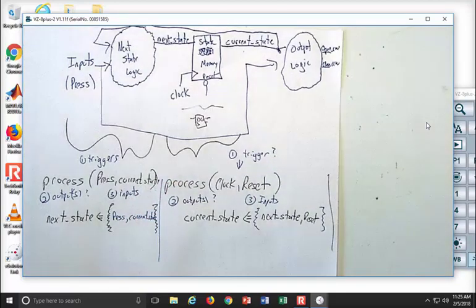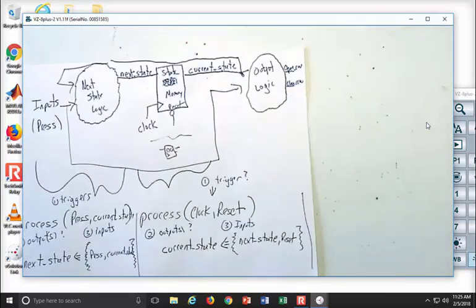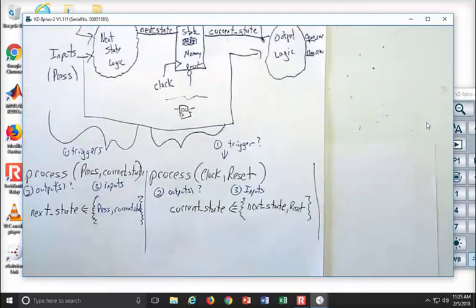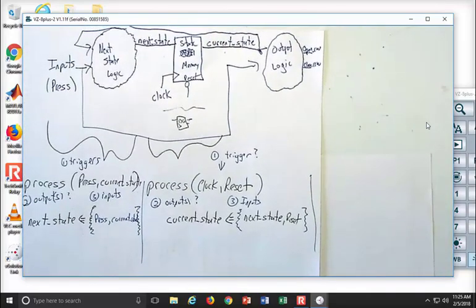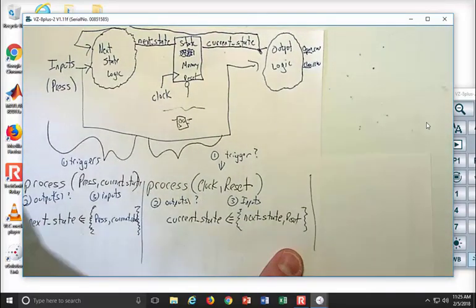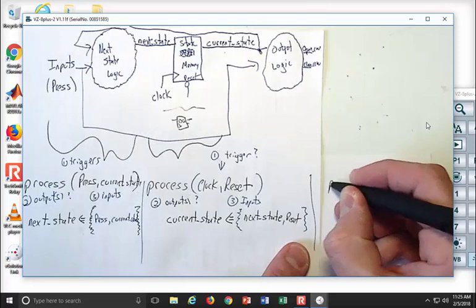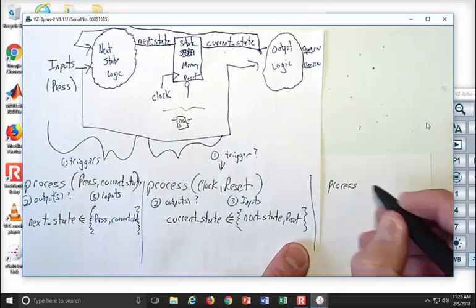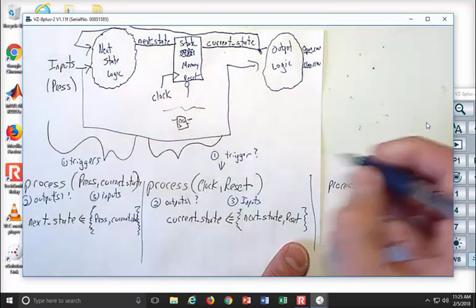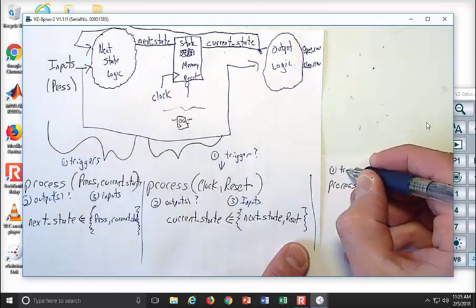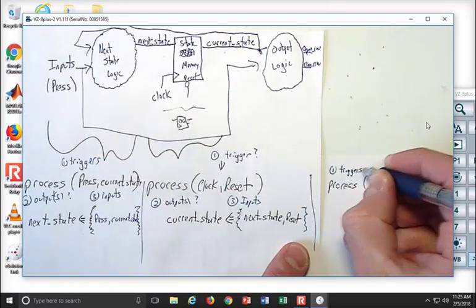Okay, feels pretty good. There's only one more process left, and that is the output logic process. We model this using its own process. The first thing I think about is this: what triggers the process?